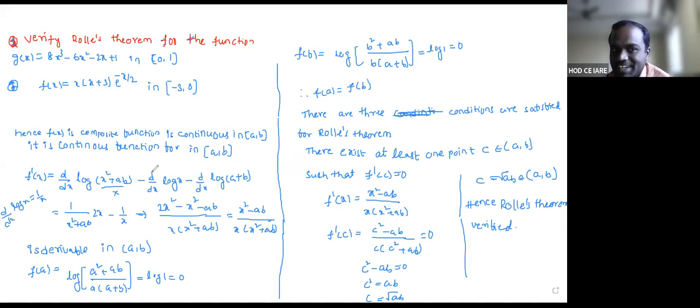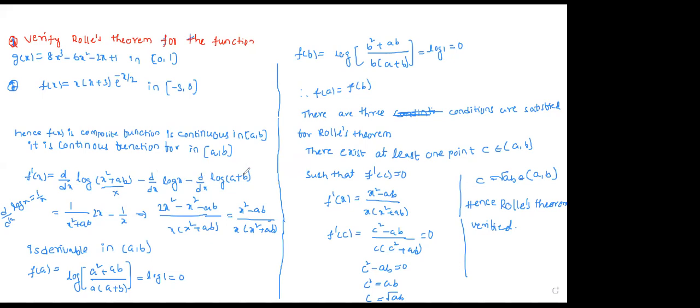This is one term. Next, d by dx of log of x is 1 by a plus b into d by dx of a constant, 0. 0 into something is 0. So we cannot write it.